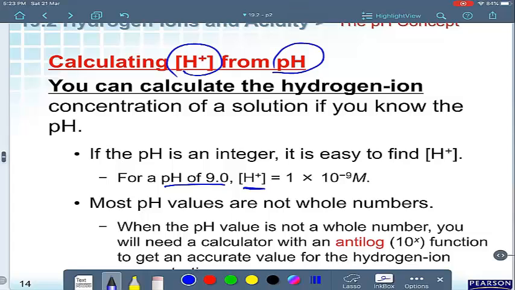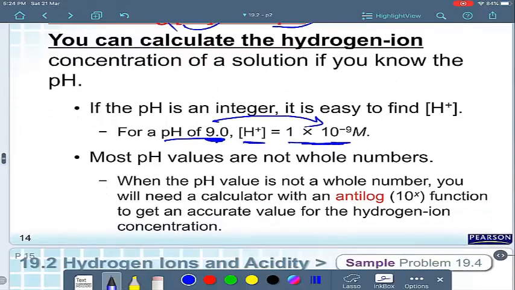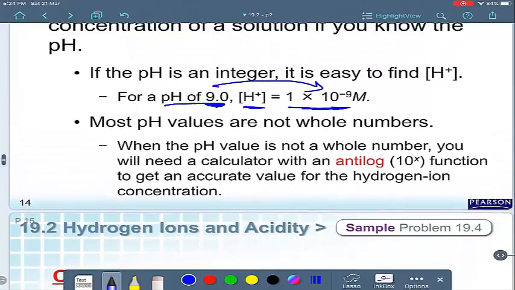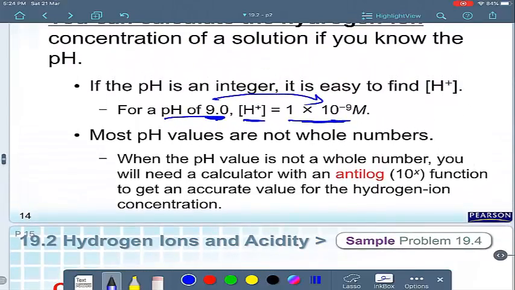If it's a whole number, 9, it means H+ concentration is 1 times 10 to the power of negative 9. So you can get this easily. But if you don't have a whole number, if it's 9.3, 4.7, anything like this, what can we do?